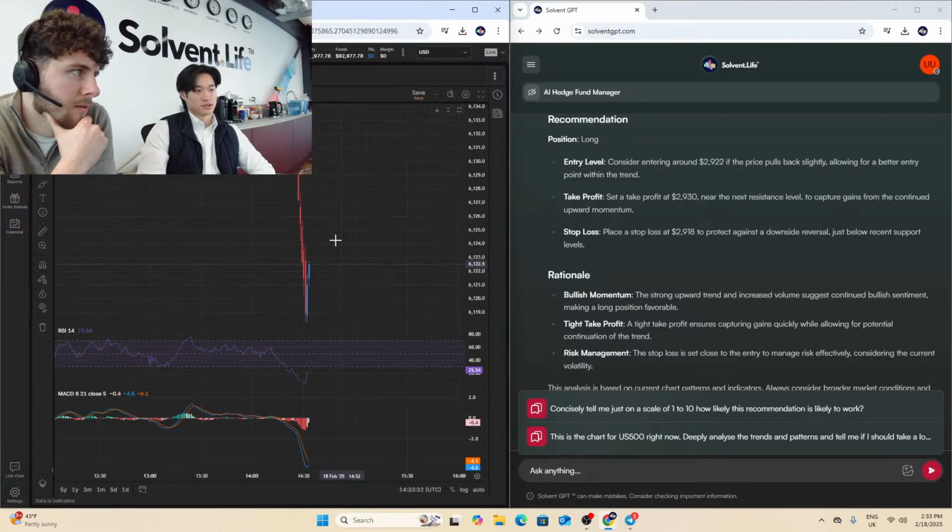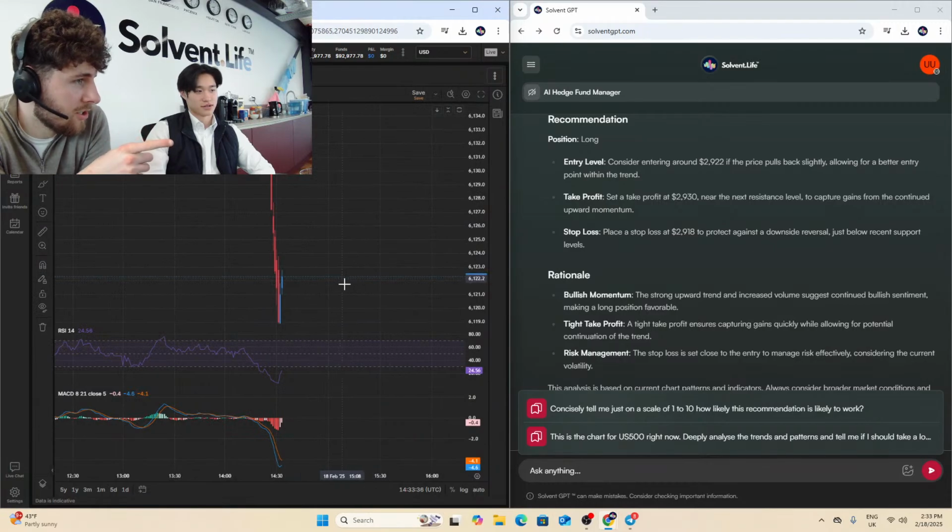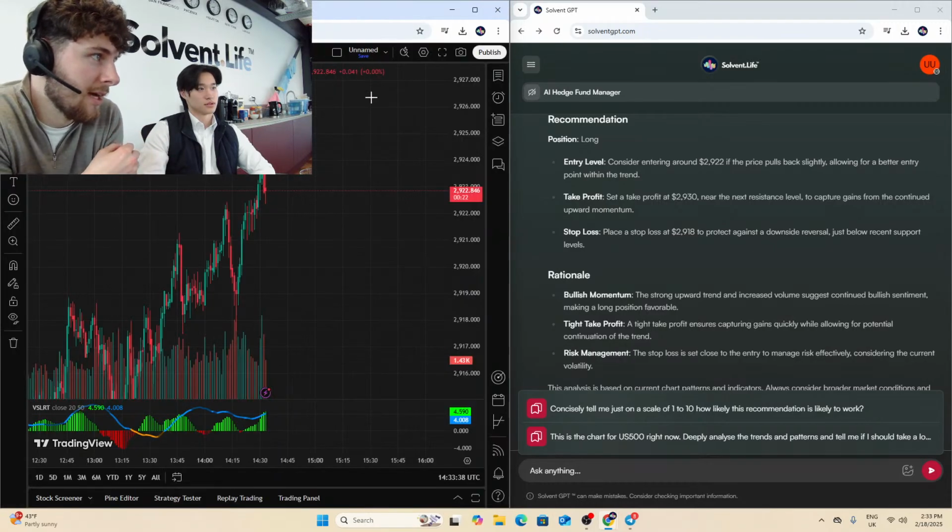Now that looks like a promising opportunity. What do you think? I think we should ask the GPT and then potentially we'll think about taking this trade.